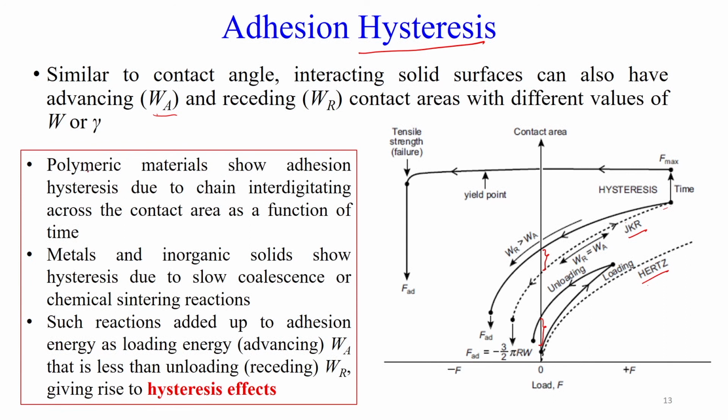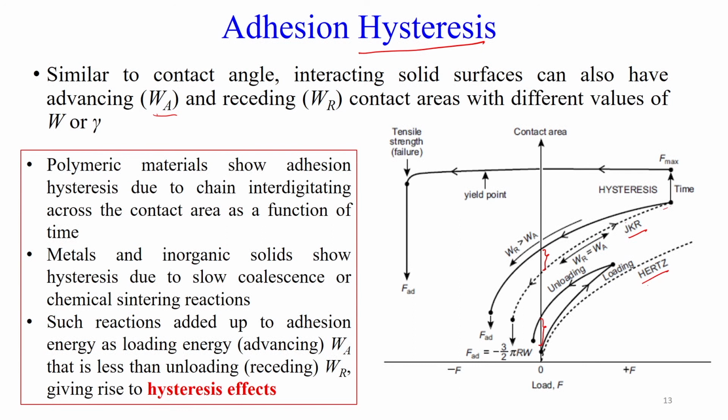I have listed a few common examples. Polymeric materials especially show hysteresis due to chain interdigitating across the contact area with time. Polymers have different chains and they try to interact with each other at the interface. In the case of metals and inorganic solids, the hysteresis is observed because some sort of chemical sintering reaction is taking place at the surface.